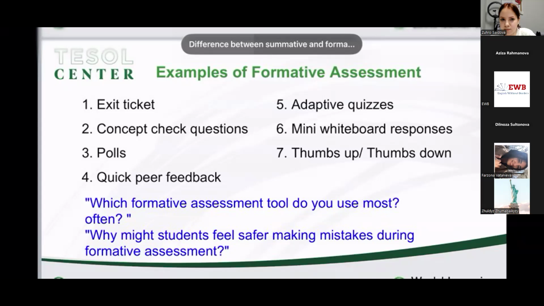I think that because, as we had in the previous session, the speaker said that formative assessment is the main part, yes, and it occurs at the start of the lesson usually. I think that making mistakes at the beginning is okay because they try to understand and they feel safe for now.